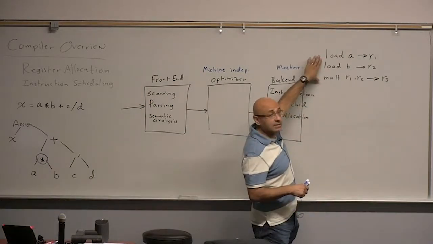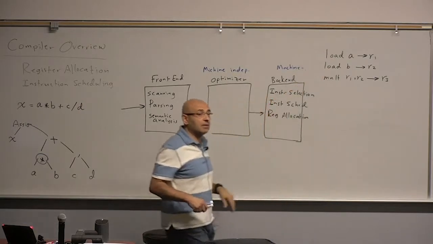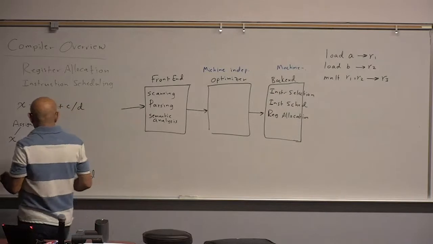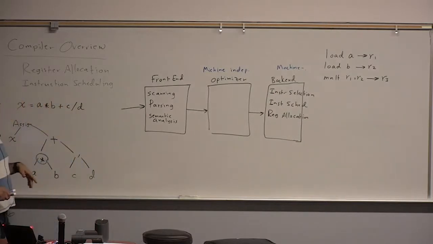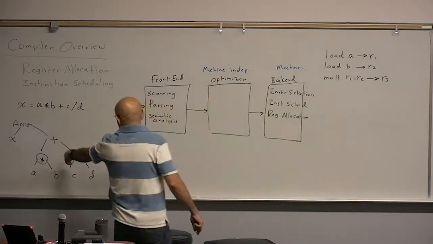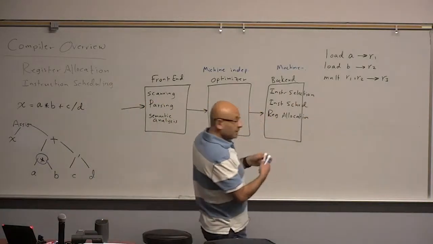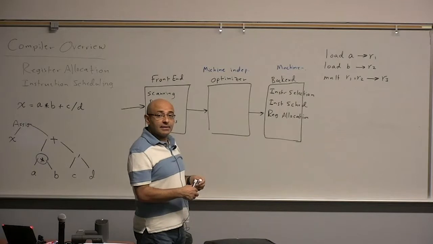Remember that this abstract assembly is still an intermediate representation. By the way, can you think of an algorithm that converts this tree into this abstract assembly?